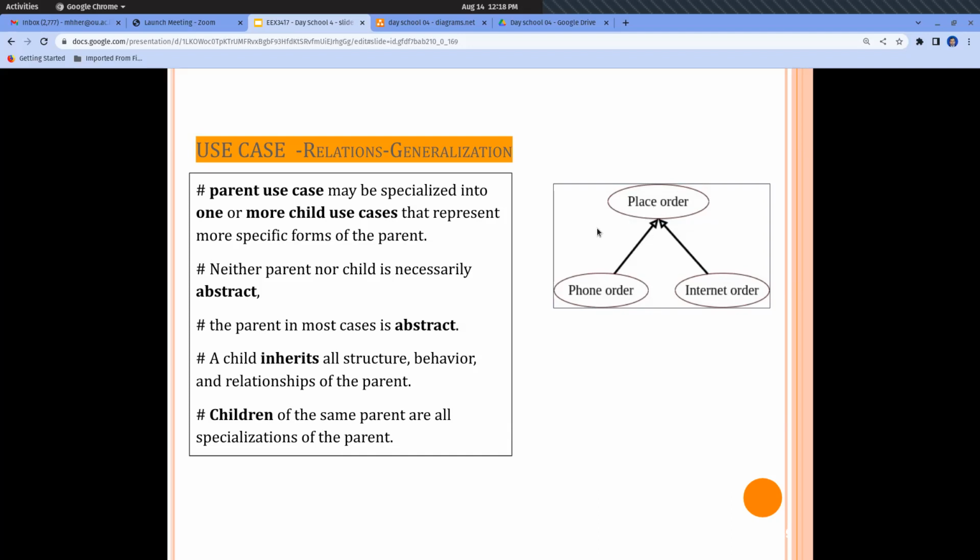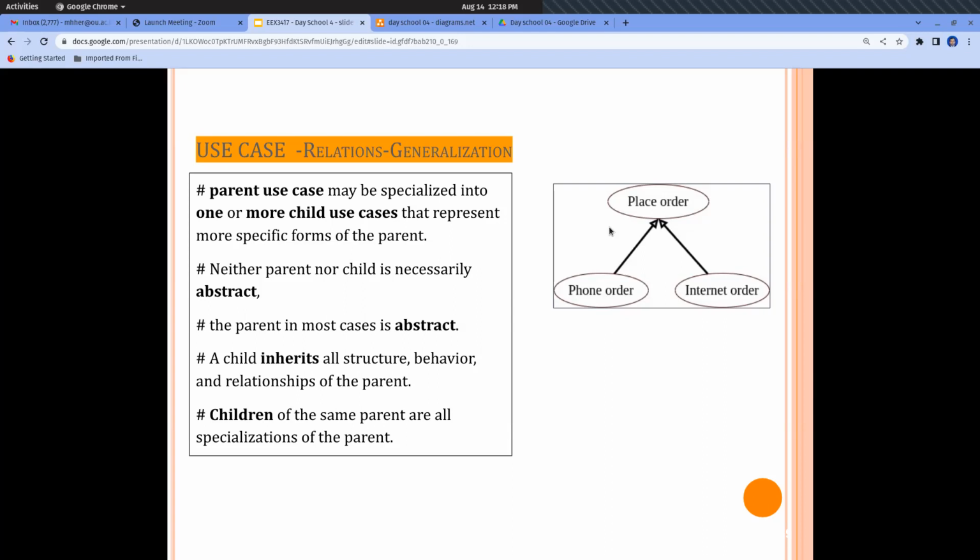I will tell what is happening, and please understand more when you do it practically, because I also understood after doing this, not by reading it. A child inherits all structure and behavior. A child inherits all structure, behavior, and relationships of the parent.